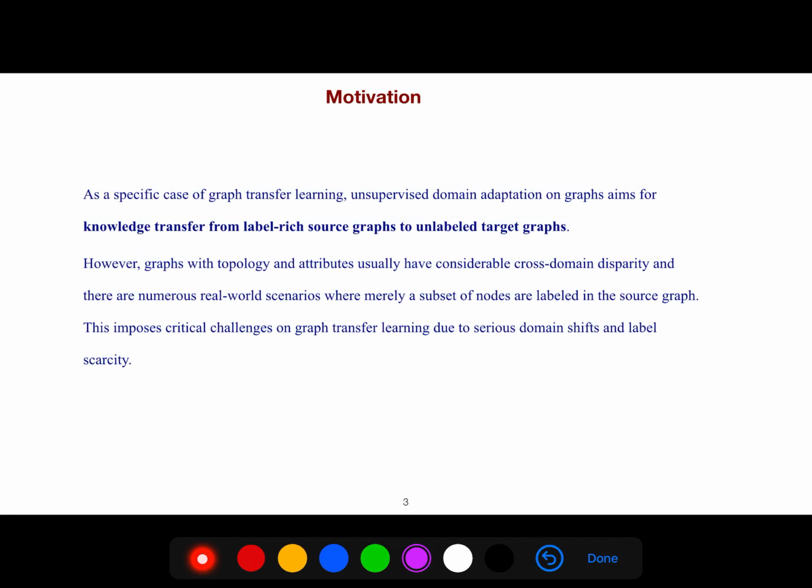However, graphs with topology and attributes usually have considerable cross-domain disparity, and there are numerous real-world scenarios where merely a subset of nodes are labeled in the source graph. This imposes critical challenges on graph transfer learning due to serious domain shifts and label scarcity.